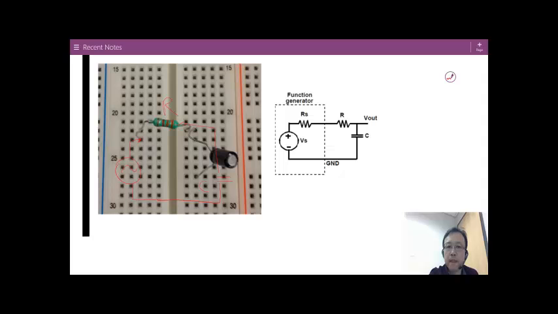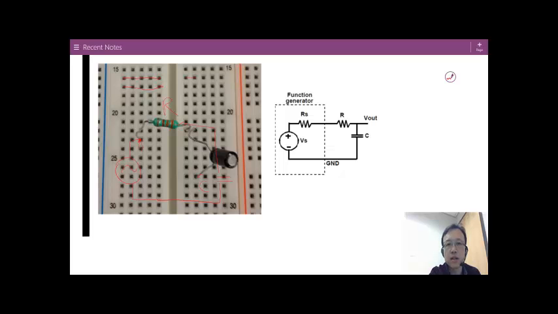In the function generator, you can have an alligator clip here. So you know all the breadboard works this way. All the dots in here are connected together. All the dots here are also connected together.